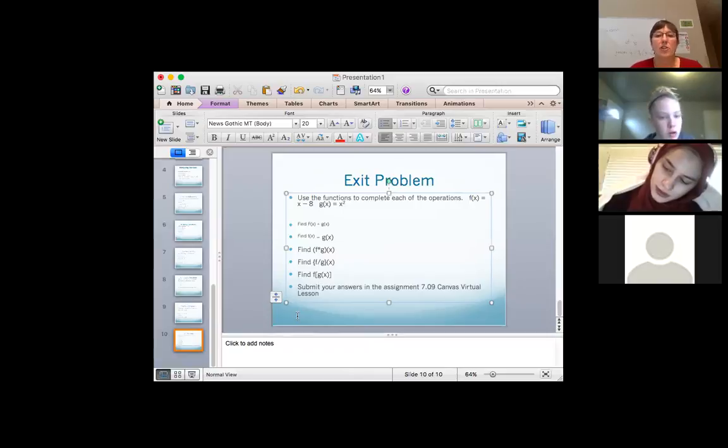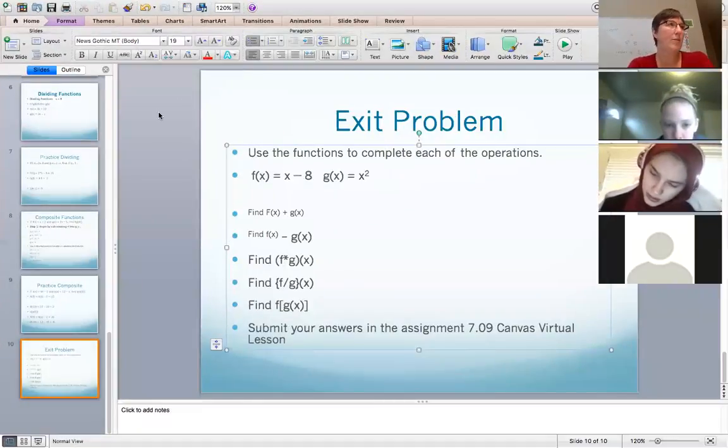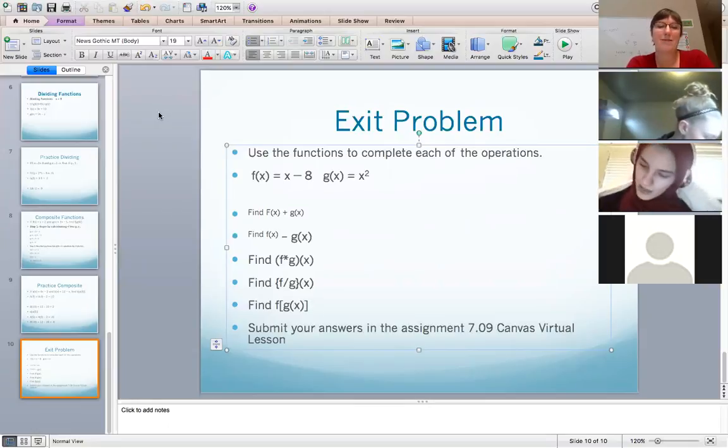So using these functions, f of x is equal to x minus 8, and g of x is equal to x squared. Find f of x plus g of x. Pretty much we're adding them.